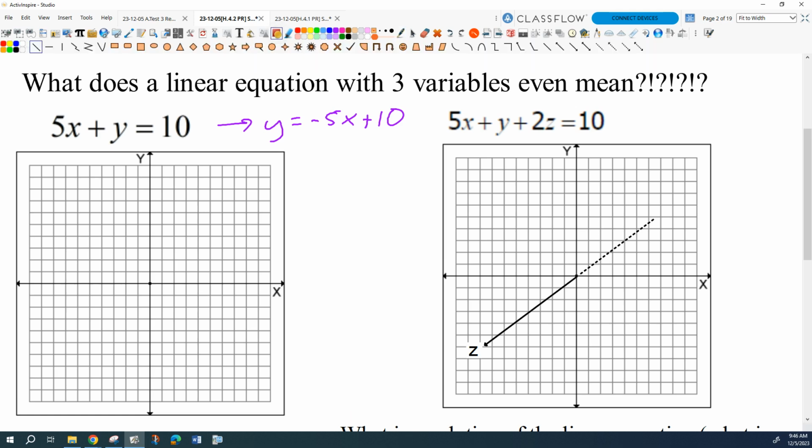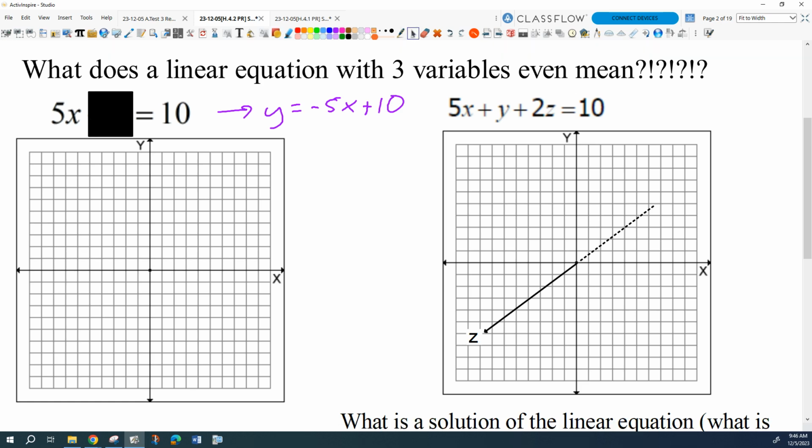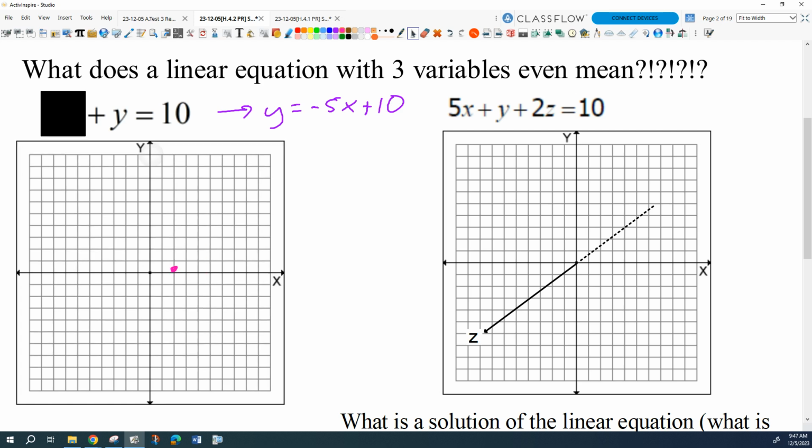And there's our cover-up trick, where I can just cover up the y term and solve. And what's x equal to? 2. All right, so we get x equals 2. If I set x equal to 0 to solve for y, I just get 10. And there's my 2 points. I would just connect and extend, and I got a line.